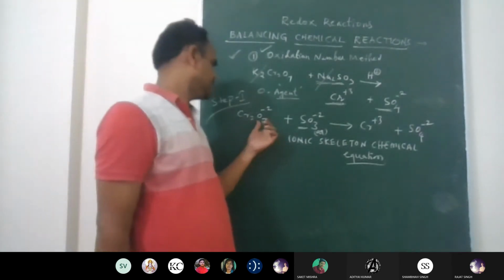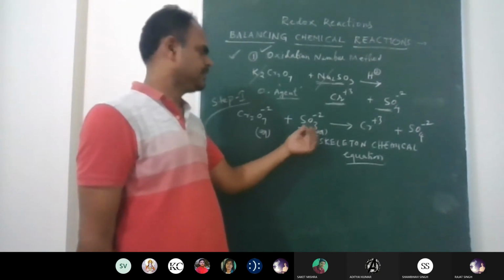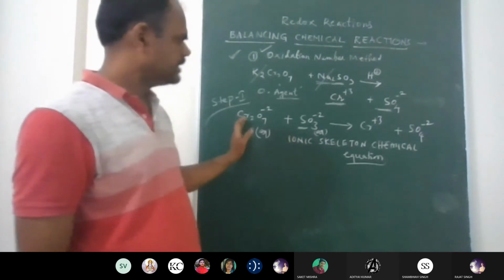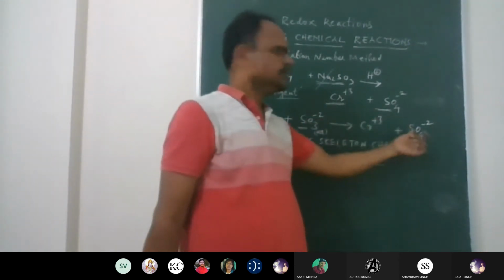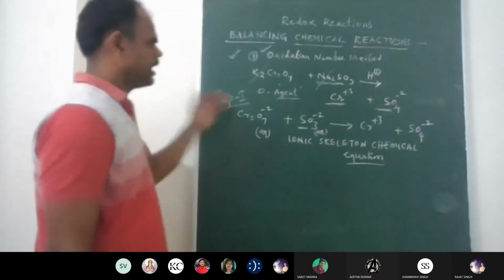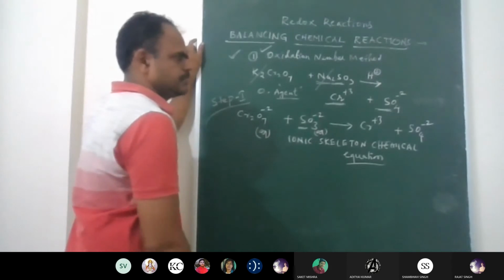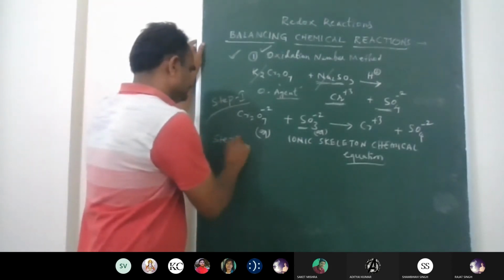This is the sulfite ion formula. The dichromate changes into chromium plus 3 and sulfite changes into sulfate. After writing the correct formulas of the reactants and products in ionic form, next we follow step 2.